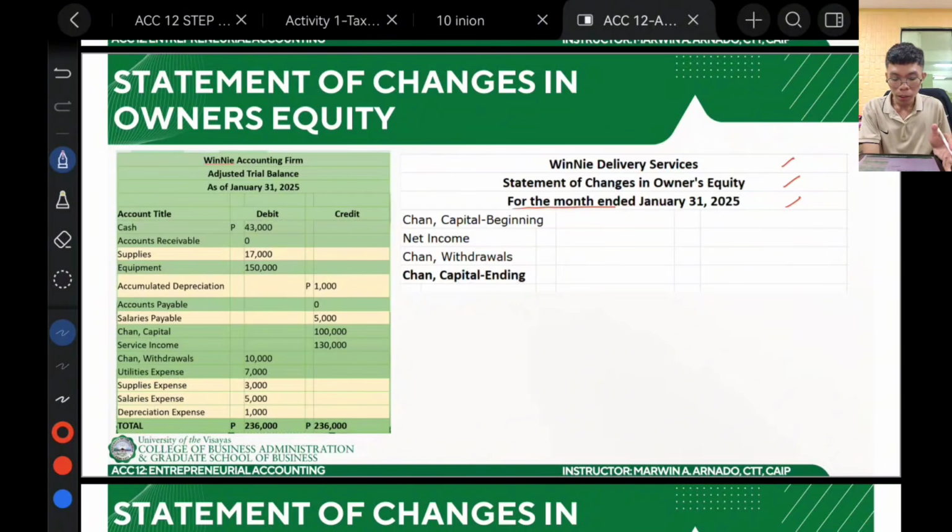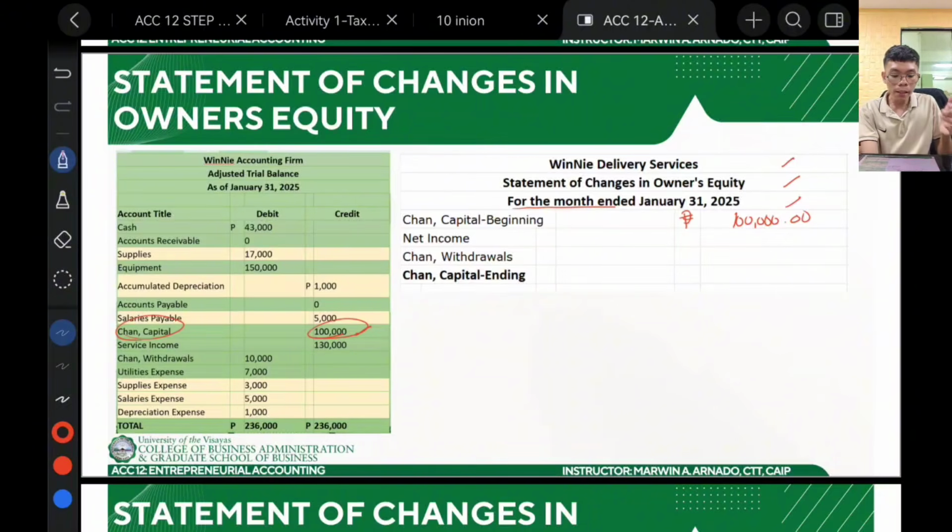2025. Okay, so as what I have said earlier, we will be just using the balances we have on the adjusted trial balance. So for your Chan Capital beginning, that would be the Chan Capital here on our adjusted trial balance, this one. So we have here 100,000. So we're just going to put 100,000 here.